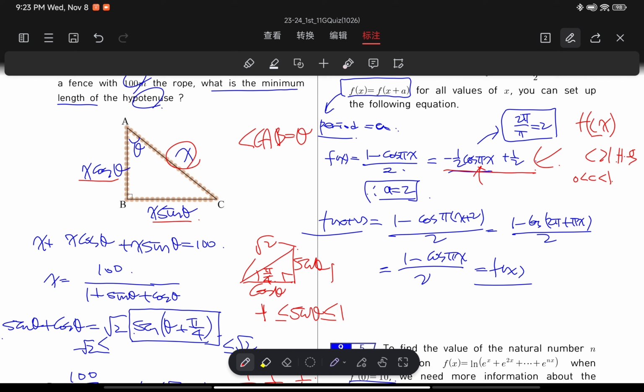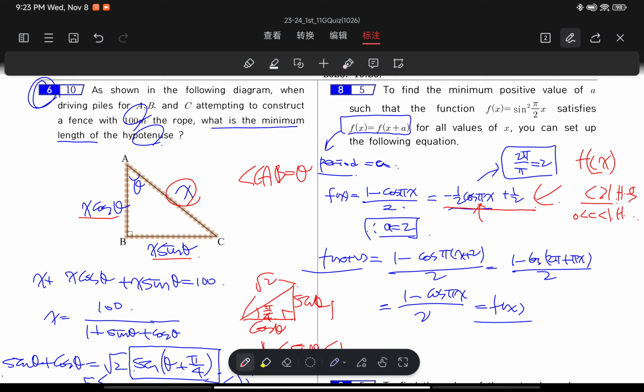So c is larger than 1, and pi is 3.14159 blah blah blah. Anyway, so the minus half cosine pi x plus half, the period equals 2 pi divided by pi. So the period equals a.